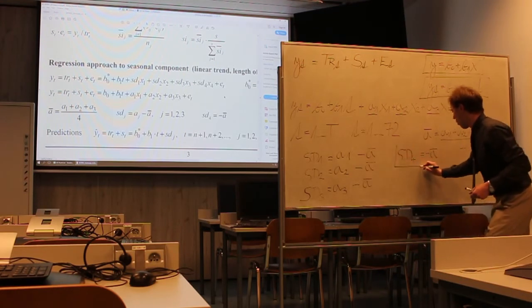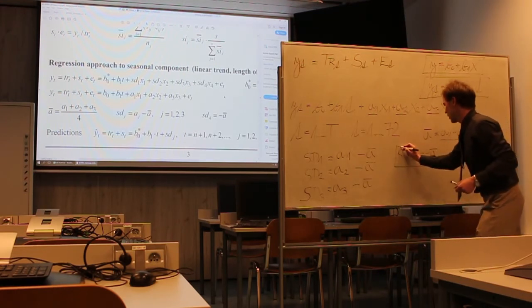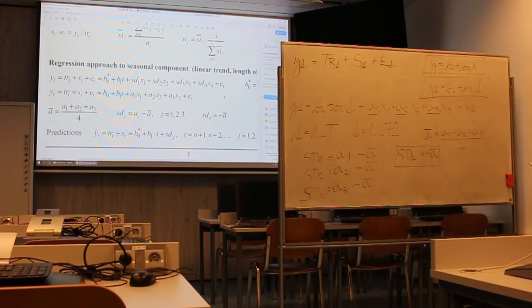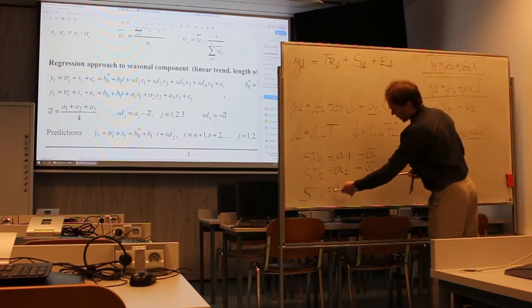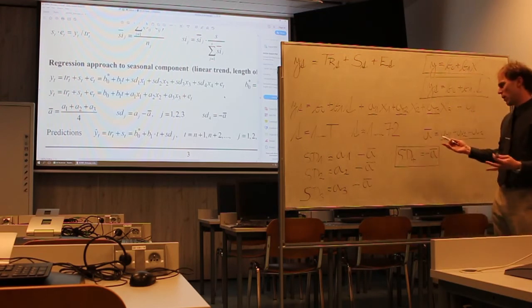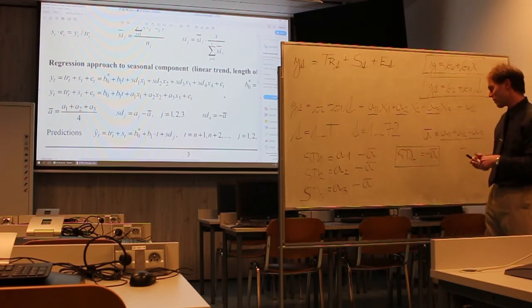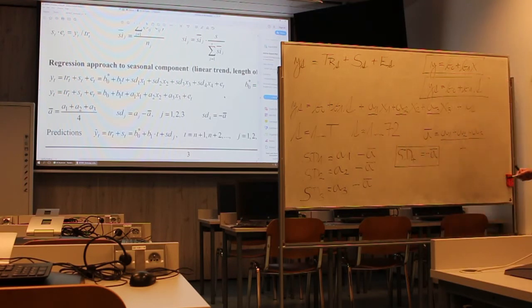So only this one is different. SD1, SD2, SD3 are calculated as the original estimated value from Microsoft Excel minus this A with stripe.